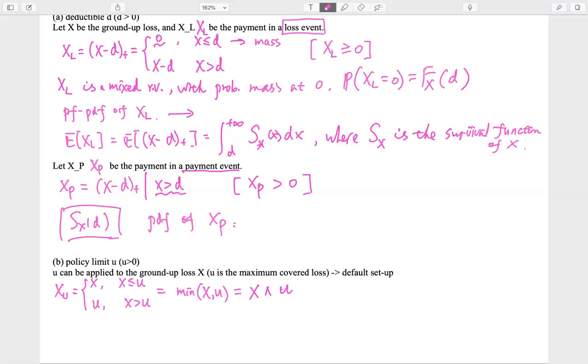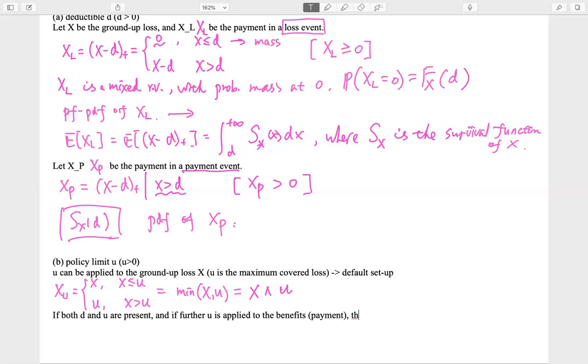Sometimes, or very rarely, it's applied to the benefit. This only matters when you have both deductible. So if both D and U are present, and if further U is applied to the benefits, which means it's applied to the payment.